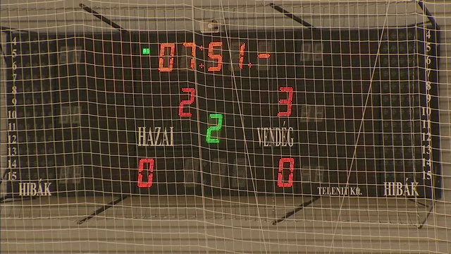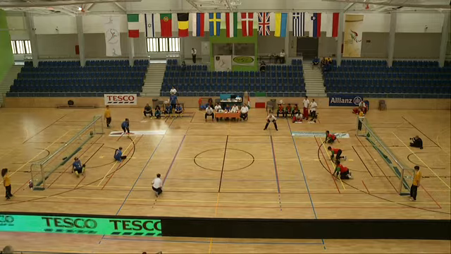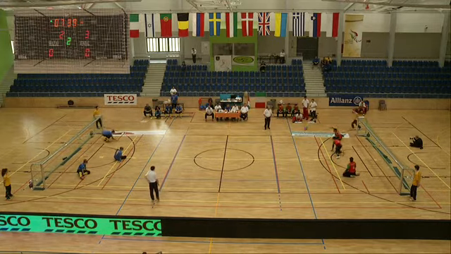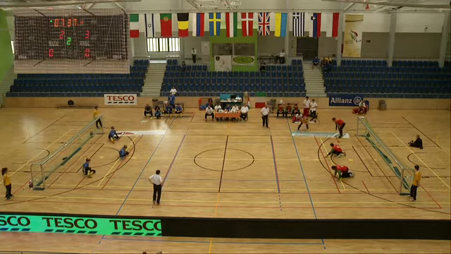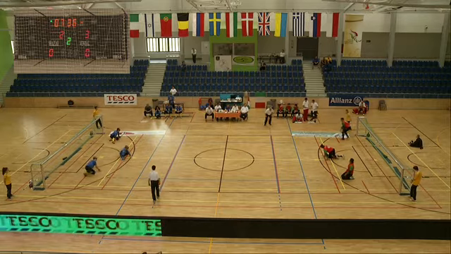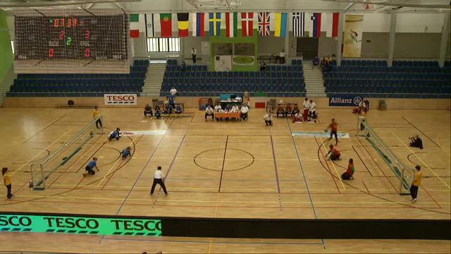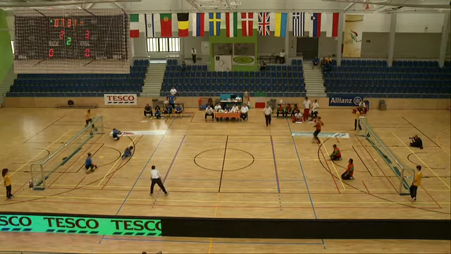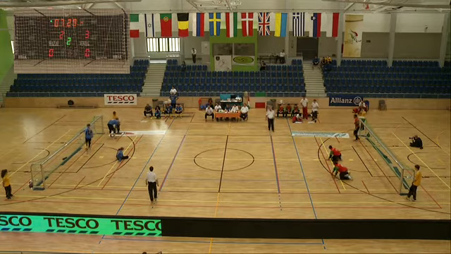Portugal has the ball. 6 goes across to the far side. Shoots straight down the line, and it's blocked. Ukraine number 5 picks up the ball. Turns and pivots, bounces the ball straight down the line. It's blocked out from Portugal 5. 5 gets the ball. Turns, pivots straight down, and it's slightly wide, so it goes out.